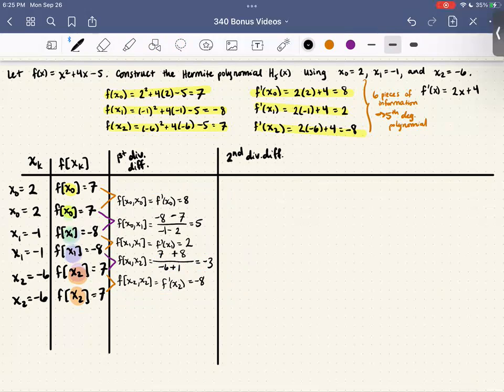All right, now I'm going to proceed with the usual divided difference procedure. I'm not going to need to define any more derivatives because I'm just going to use these values to construct the next column. So using this first pair, I've got this number and this number. This will be the divided difference of x0, x0, x1.